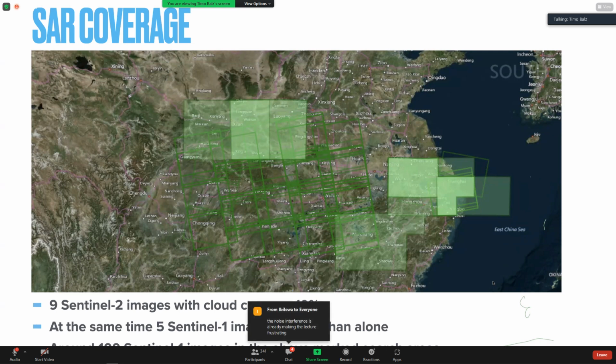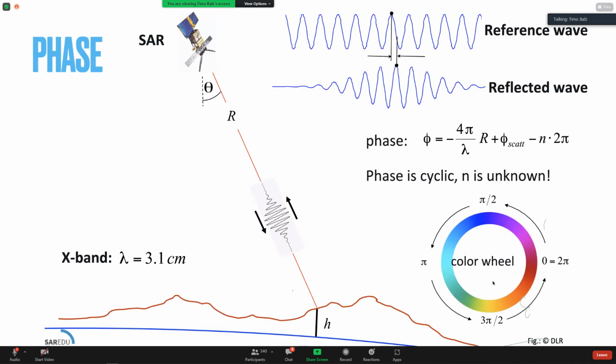I'm not really a big classification expert, but for all of you who are into deep learning and thinking about how can we do that, it's also an interesting field to think about. What can I do if I have 100 images over time? Anyway, that was just on the coverage of images.